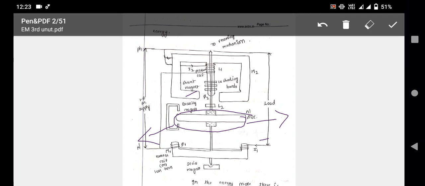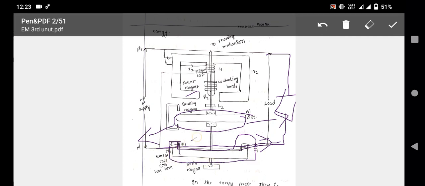Whenever the load takes some current, some energy consumed by the load, at that moment definitely it will draw a current that passes the main flux. Phi 1 is the series magnet flux. Shunt magnet flux is known as phi 2.